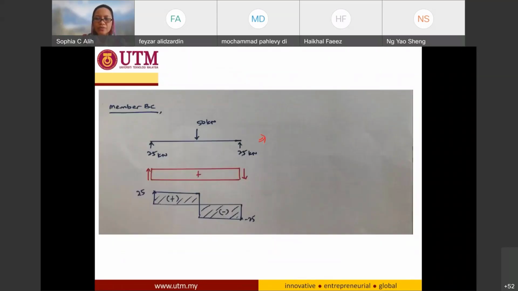Our general guidance says that pointing upward is positive and pointing downward is negative. Here our shear force is pointing upward, so it is going to be positive. Now I put it on the upper part of my line. This is my reference line.